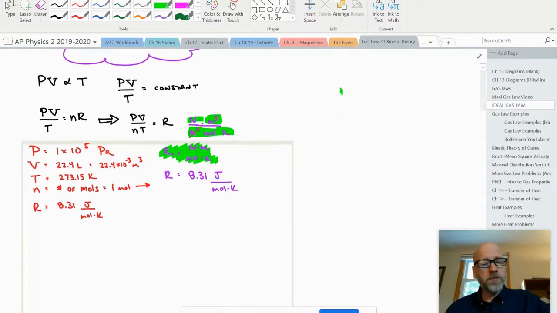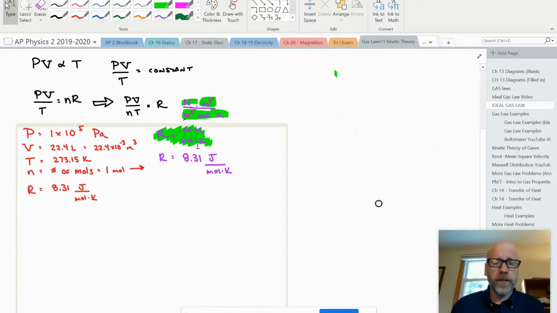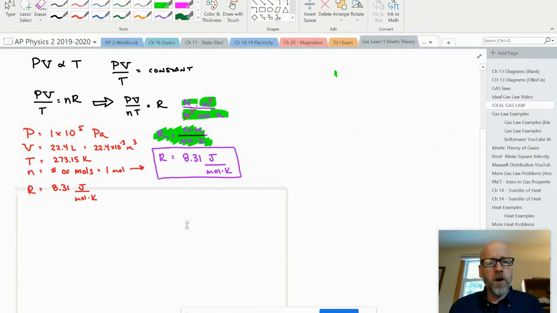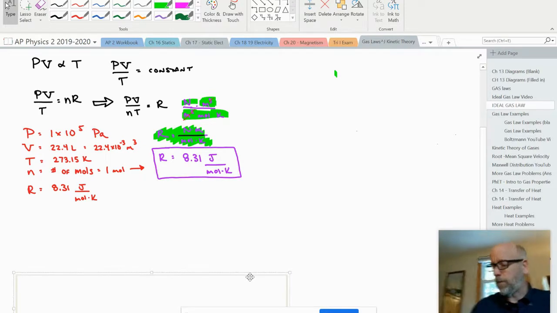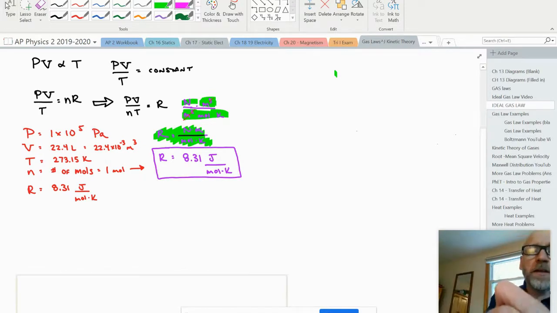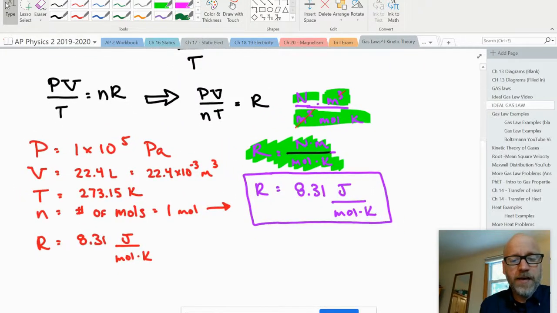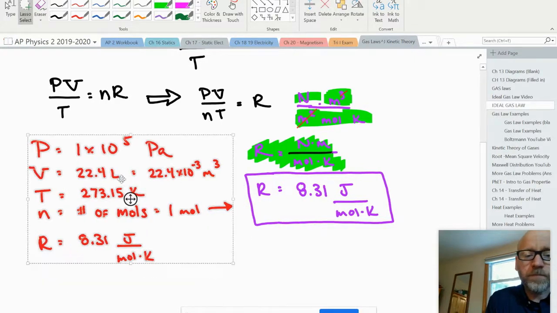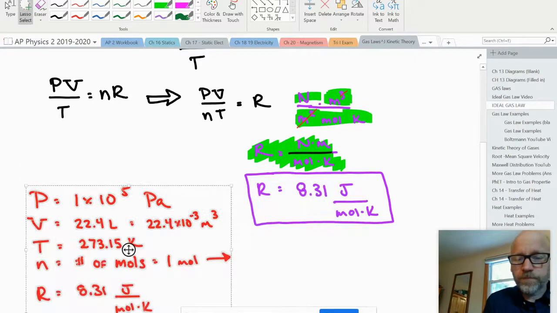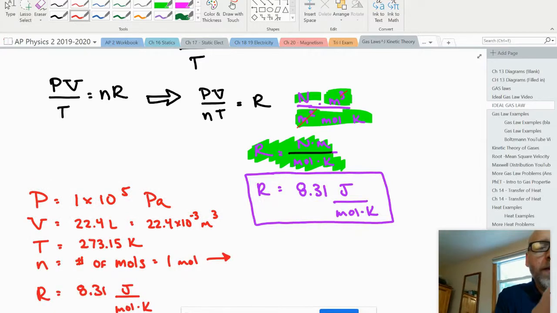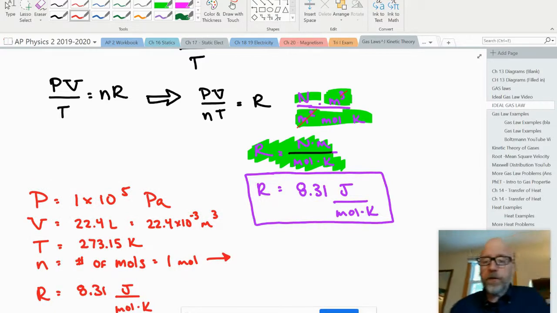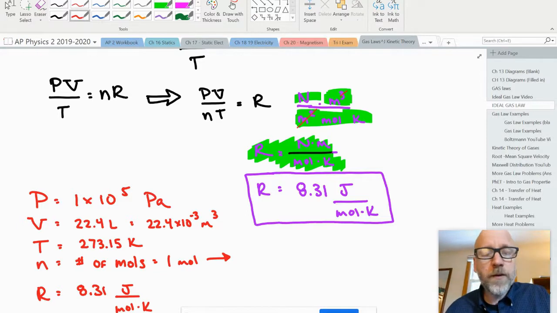Now, I was just about to say, okay, everybody, get your calculator out. Let's see what that value for R is, because there are some things that we know. So take a moment and write these down with me. First of all, at STP, standard temperature and pressure, I'm going to say that the pressure is 1 times 10 to the 5th pascals.